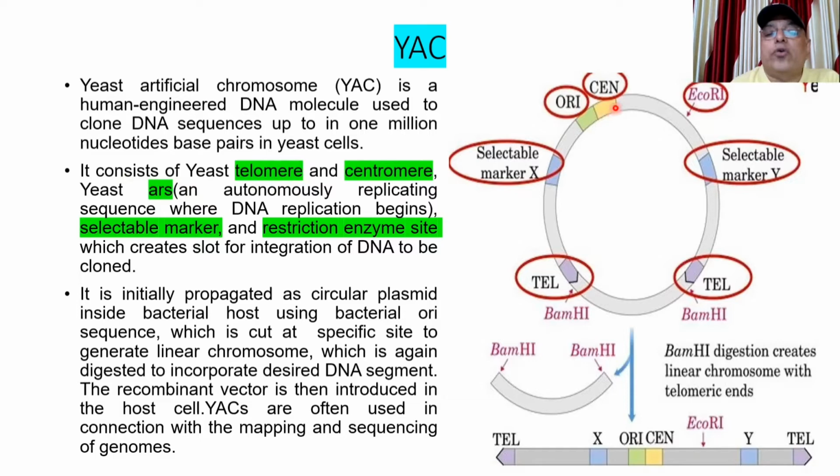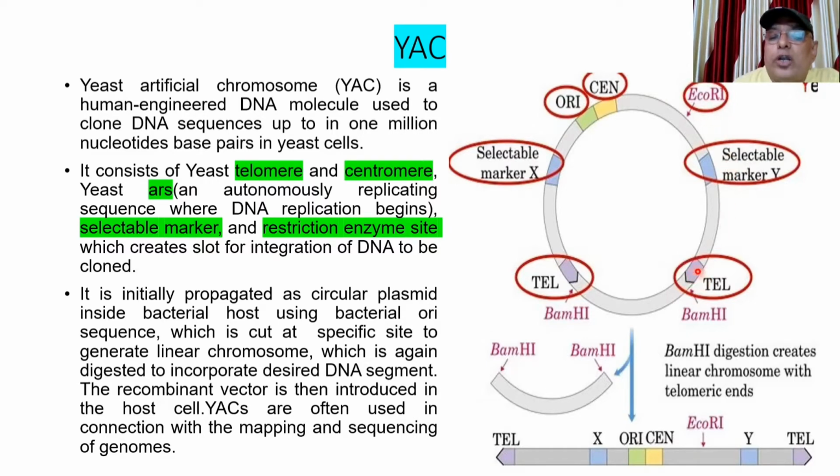Here you have got the centromere, here EcoRI, that is the integration site. By cutting this sequence through EcoRI, we can allow the integration of the gene of our choice, the stretch of DNA of our choice, which is to be propagated, which is to be delivered. Then we have a selectable marker by which we can identify the transformed cells.